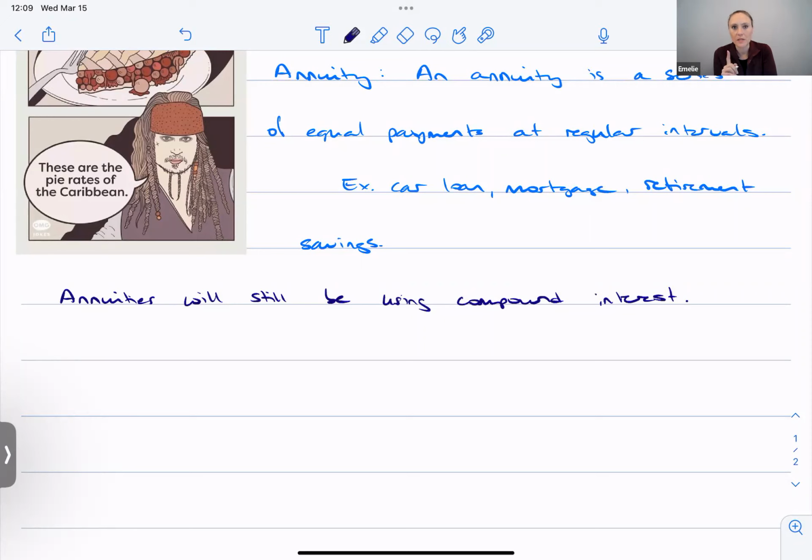But the problem is that for the payments, there's also some payment frequency.